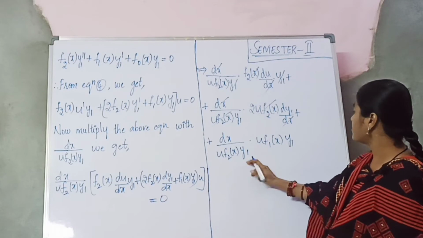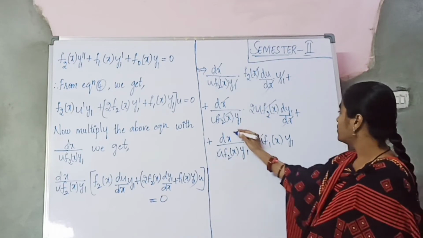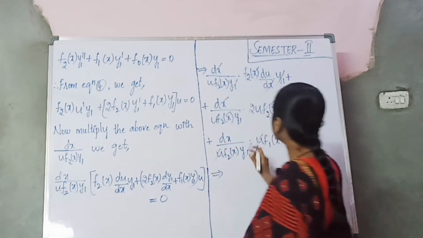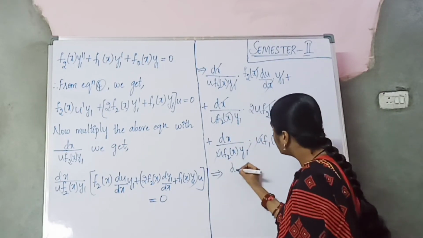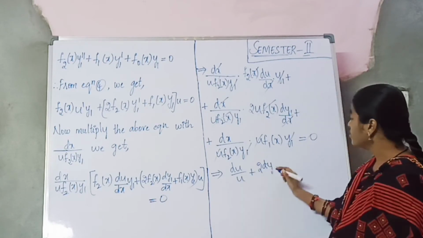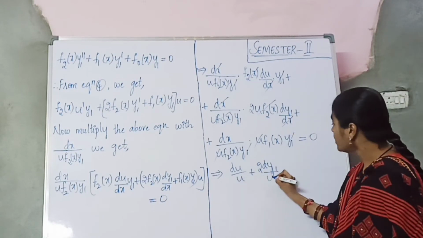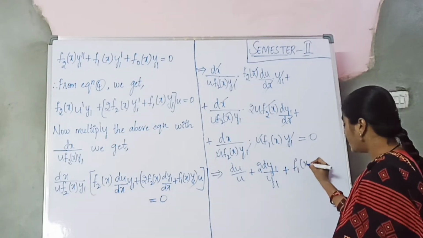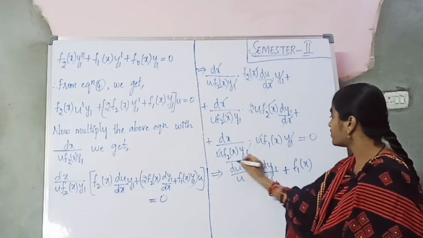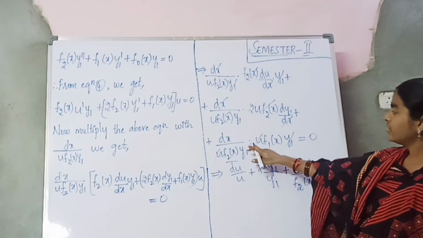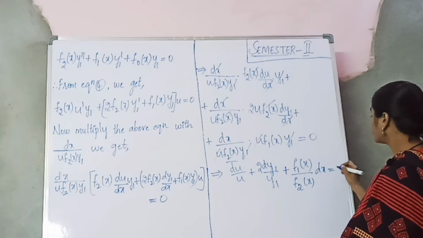Both u's are cancelled. Equals 0. That implies what remains is du by u plus 2 dy1 by y1 plus f1(x) by f2(x) into dx equals 0.